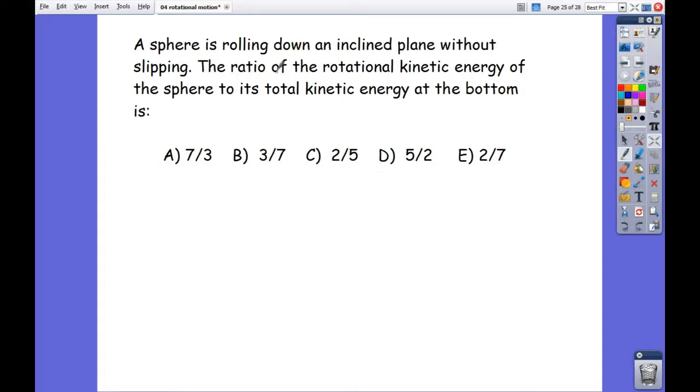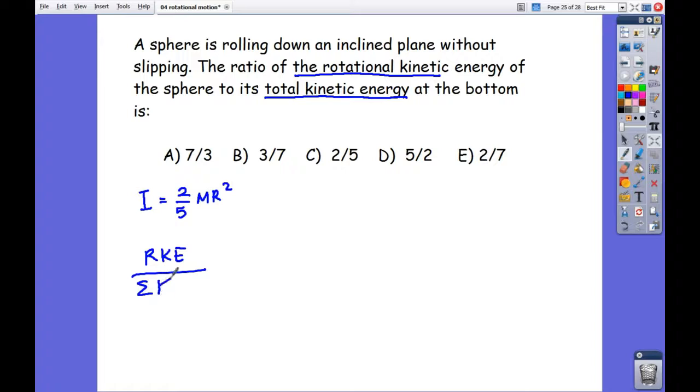This kind of problem is actually the ratio of rotational kinetic energy to total kinetic energy. As we know, the moment of inertia of a sphere is 2/5 mr squared, and the rotational kinetic energy compared with total kinetic energy is half I omega squared over half I omega squared plus half mv squared.